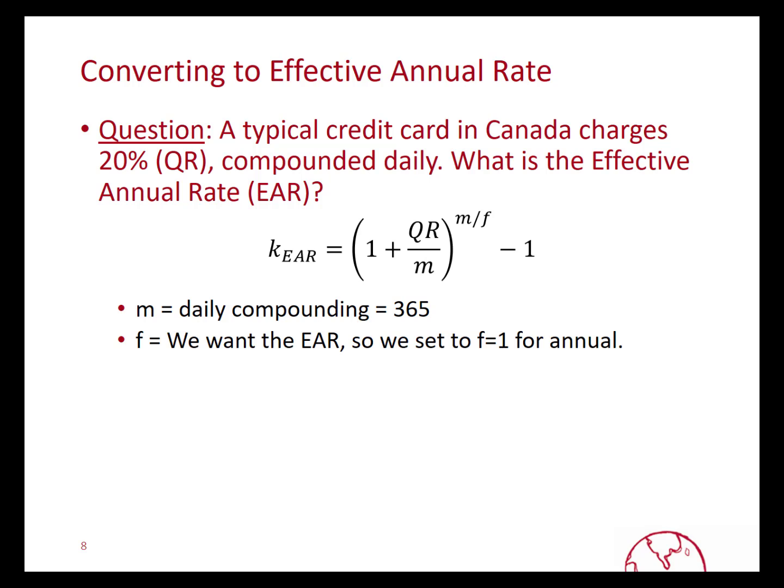So I've put in EAR here so that you know we're looking for the annual rate. Because we're going from daily compounding on this quoted rate, M is going to be equal to 365. Because it's an effective annual rate, F is going to be equal to 1, because we're trying to figure out what one payment per year would be.